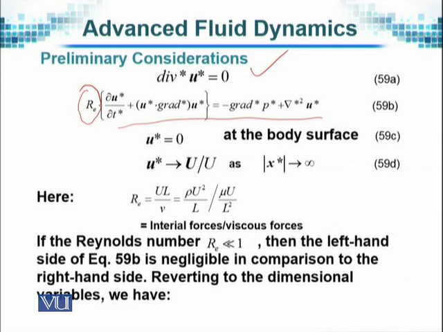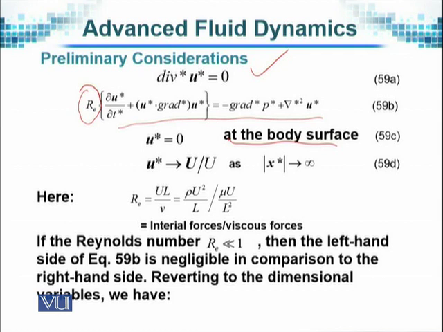We assume that in non-dimensionalized form u is equal to 0, the velocity on the surface is 0, and we can see it because if we are assuming that the viscosity is high, the fluid will tend to stick to the surface of the sphere, in this case, because of the viscous effects.